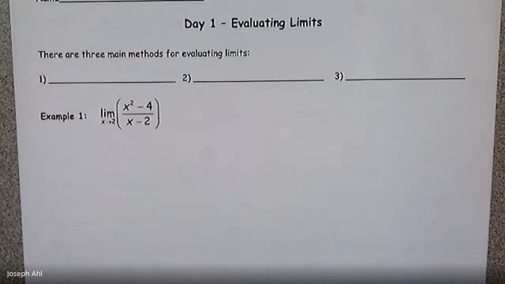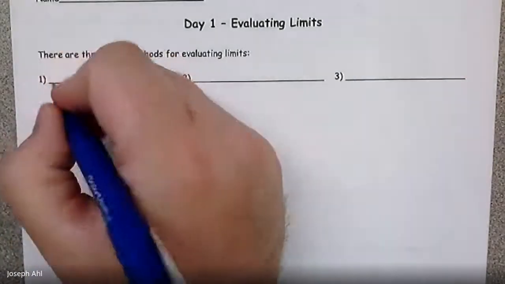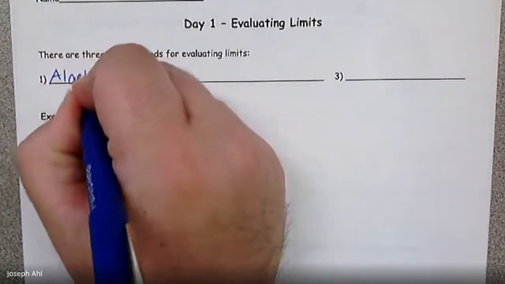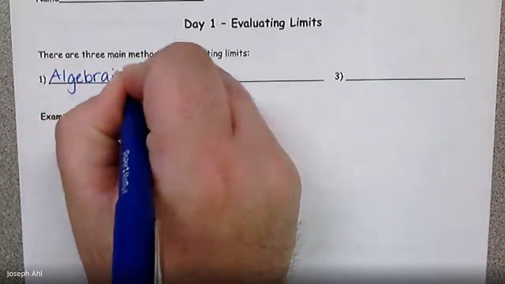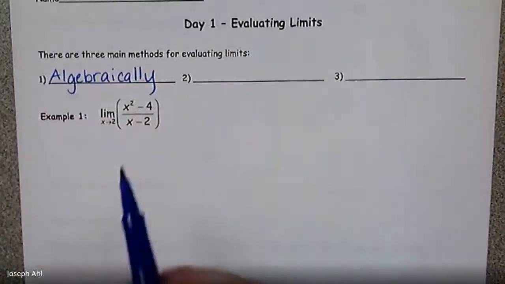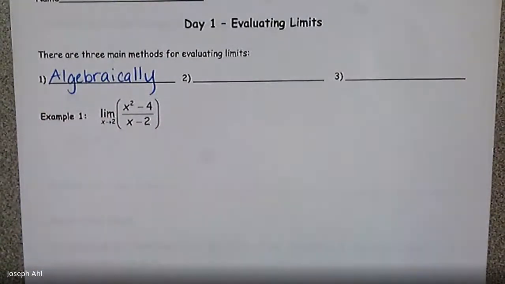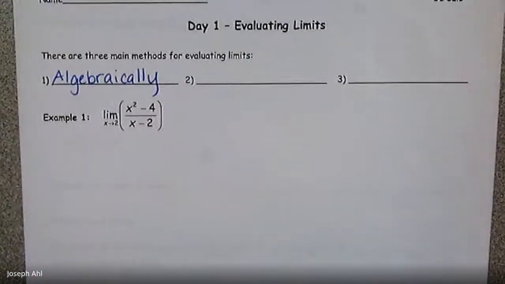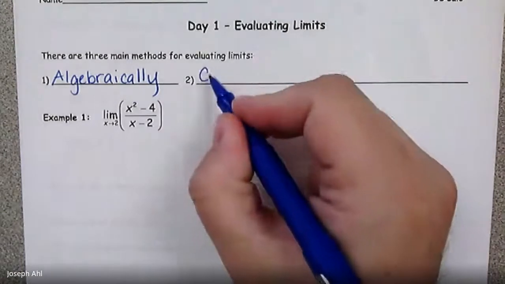So we're going to start with some evaluating limit methods, and there are 3 main ways in which we can evaluate limits, one of them being algebraically. Algebraically is basically just plug and chug, right? You would plug in a 2 for the x in this expression, see what happens, and go from there. We can also evaluate limits graphically.